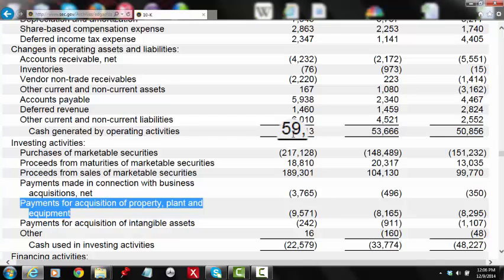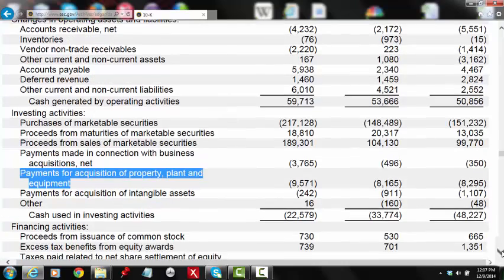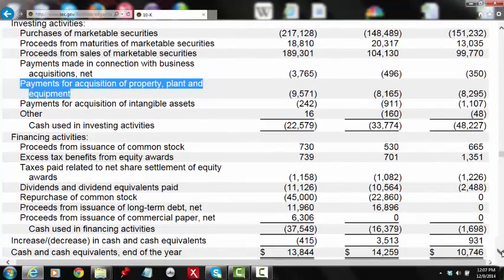So if you do 60 minus around 10, that's about $50 billion of free cash they have. Okay. And so this is where it will come handy, when we are valuing the business, like how much we should be paying, right? Based on these figures.